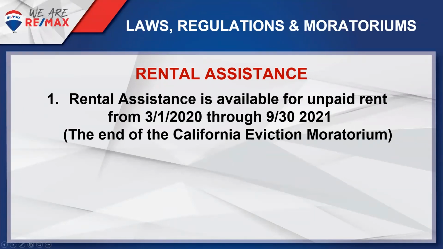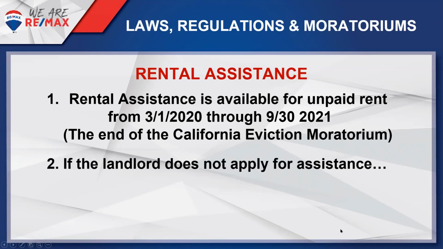Now, rental assistance is available for unpaid rent from 3/1/2020 all the way through 9/30/2021, which is the end of the California eviction moratorium currently. If that moratorium is extended, it's likely the law will also allow rental assistance to be paid for that extended period as well.